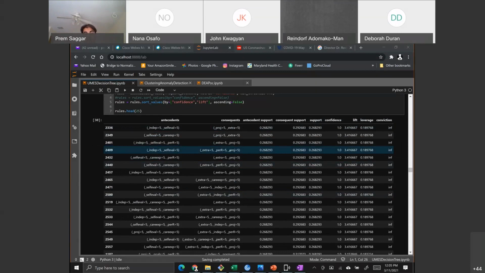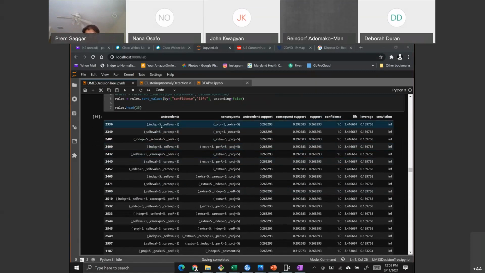And what it's saying is when you have independence equal to 5 and self-eval equal to 5, the projection is 5 and extra credit is 5. And it gives you the support levels for that. So this happens 26% of the time, right? These combinations exist in 26% of the data set.